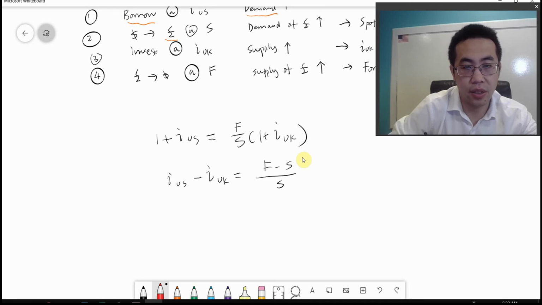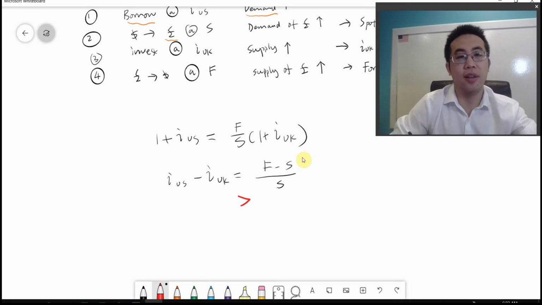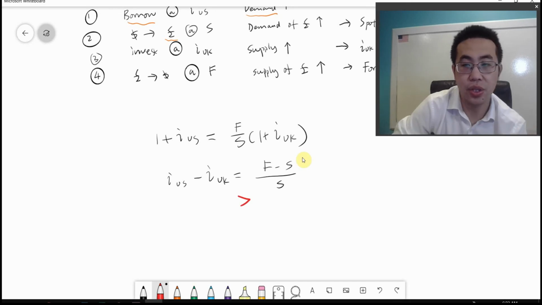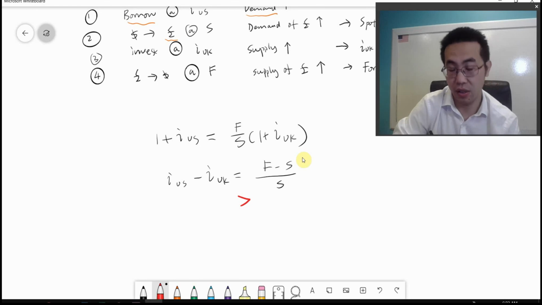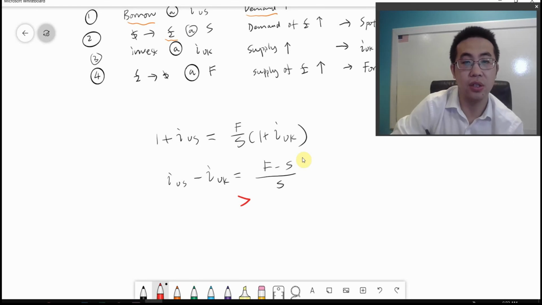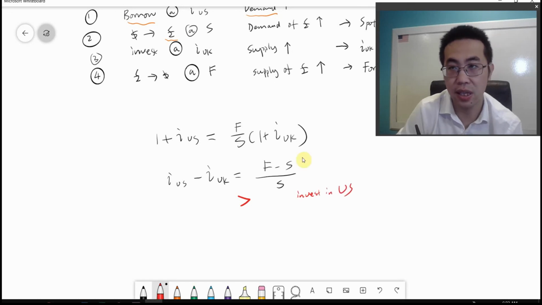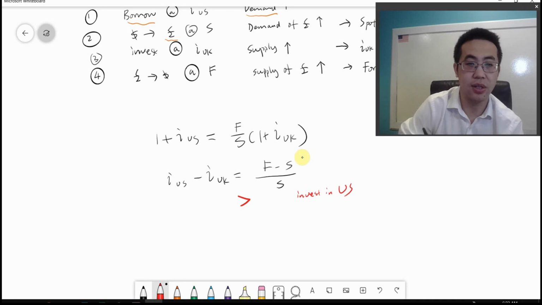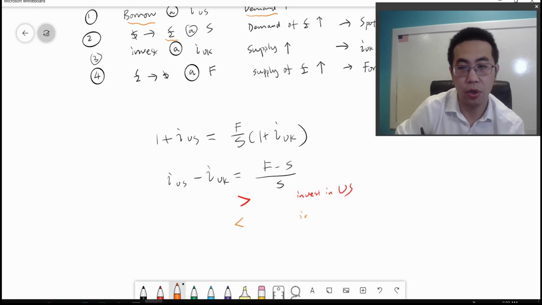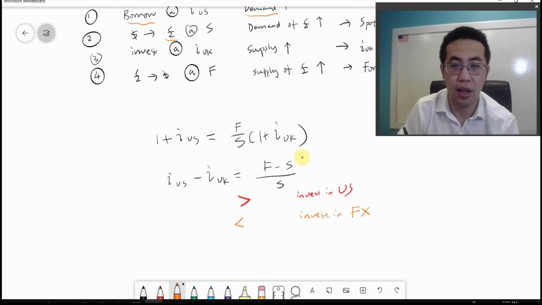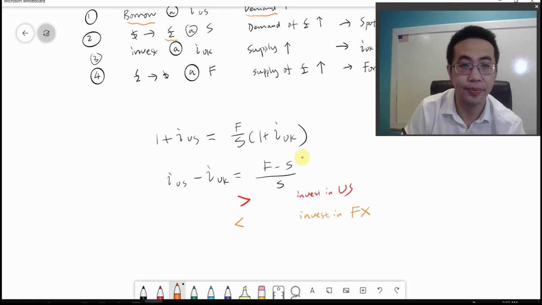If the left-hand side is greater, then that means U.S. interest is relatively higher considering all the other factors. So that basically means people should invest in the U.S. Either U.S. money stays home or foreign money comes to the U.S. If the right-hand side is greater, then people should invest in the foreign country. That either means the foreign money stays home or U.S. money goes to their country.